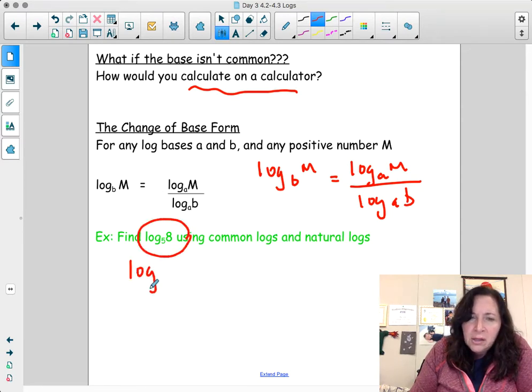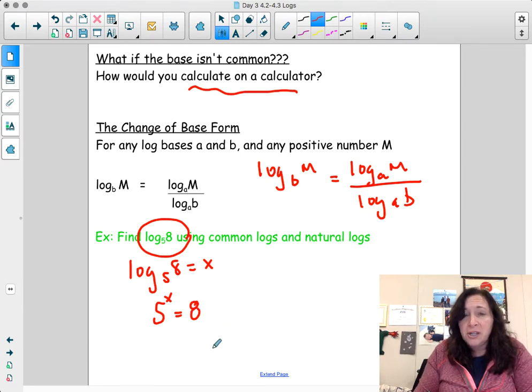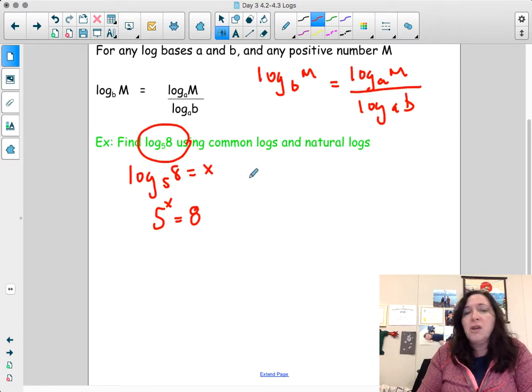We're going to say log base 5 of 8 is equal to x. So we're going to go 5 to the x power is equal to 8. I want you to notice that for this problem, you actually don't have the same bases. So how do you solve it?